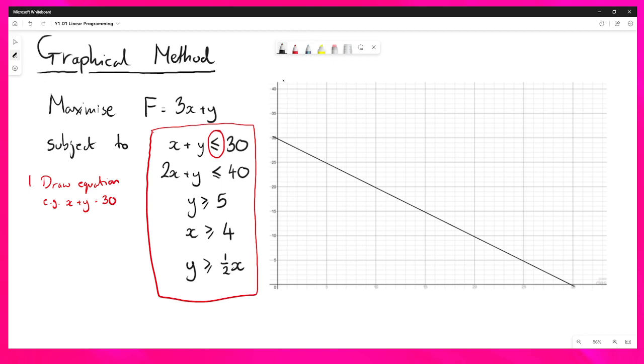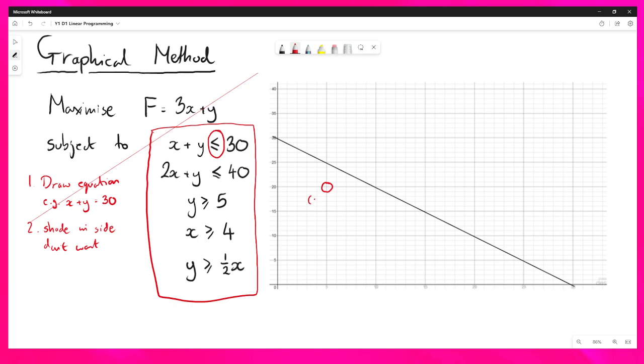Once you've got that, you then need to shade in the side you don't want. Now, for some inequalities, like this one, it's relatively easy to see. But if you're finding it difficult to spot which side you want to shade in, pick a point that's not on the line and plug it into the inequality.